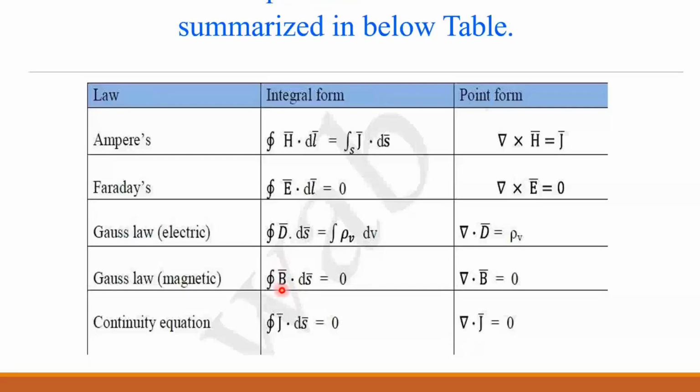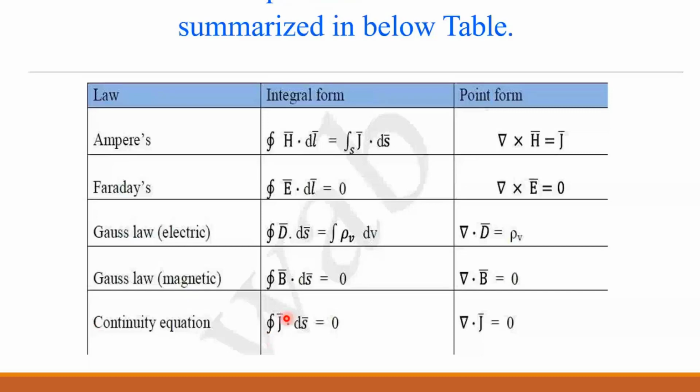And the continuity equation, that is the equation considering the current and the current density, comes as closed integration of J bar dot ds bar is equal to 0, because current entering a node is equal to current leaving.